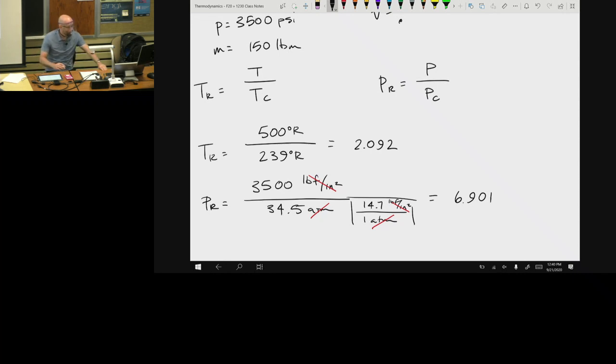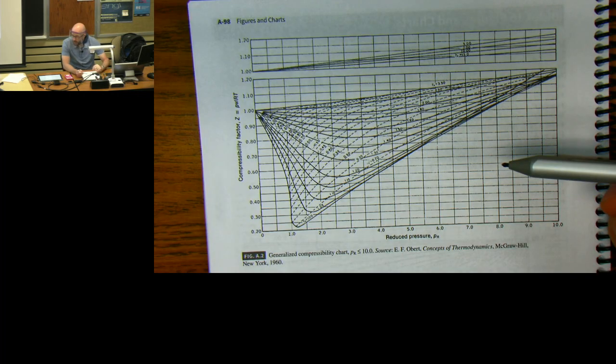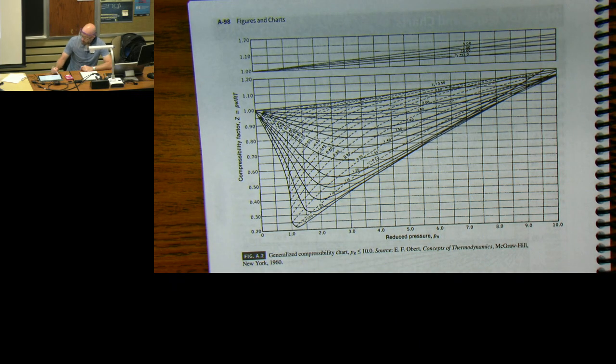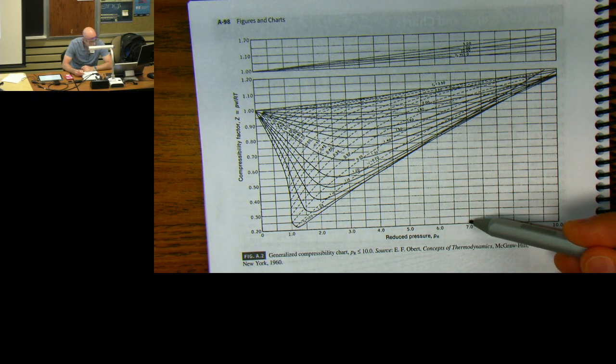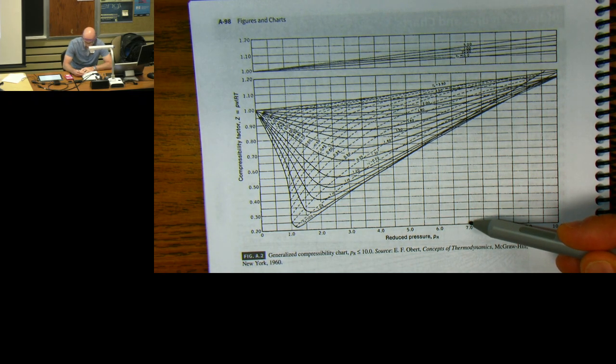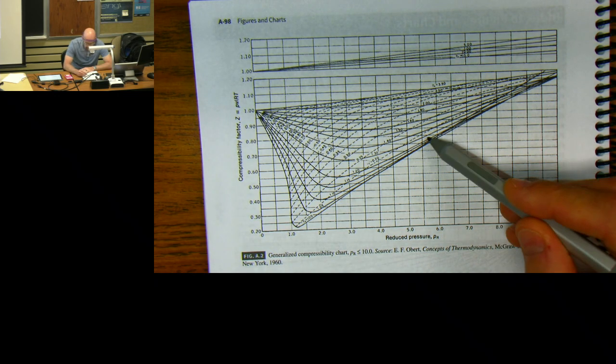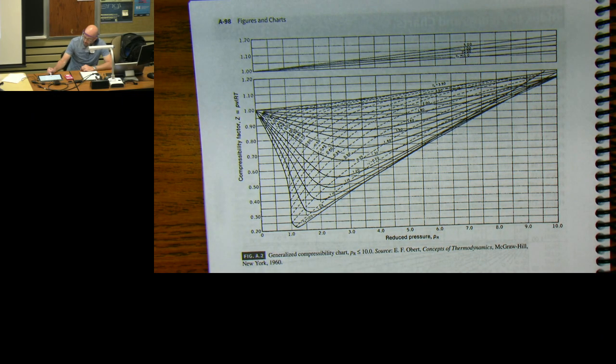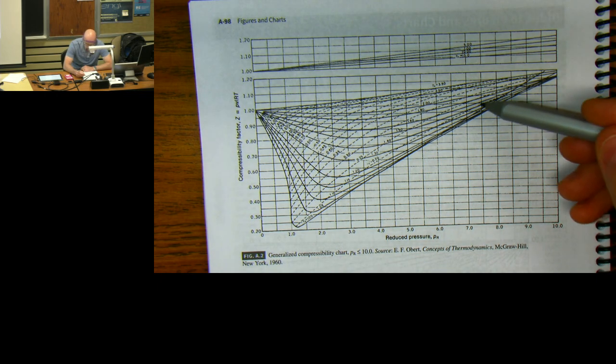So with that, we're going to go back over here to our document camera, and we're going to pull up the chart. We can't use figure A1 because our reduced pressure is above that one, the number 1. So we're at 6.901. We're over here very, very close to 7. And we need to find a dark line here that is about 2.09 or about 2.1.